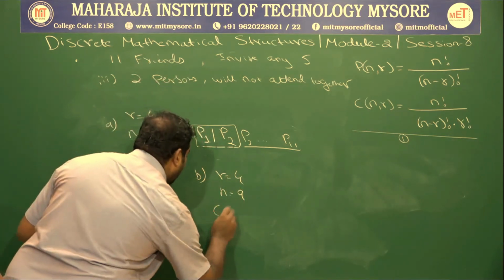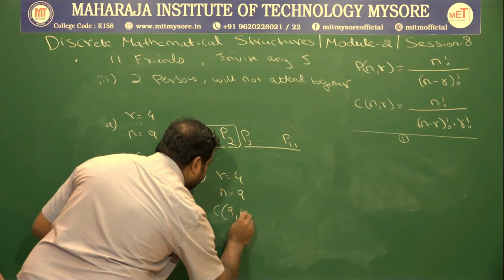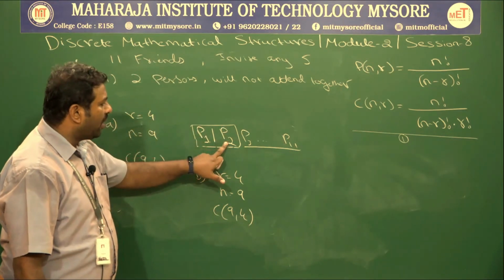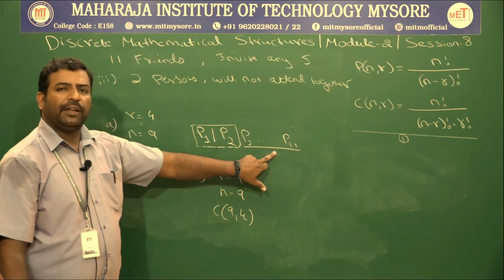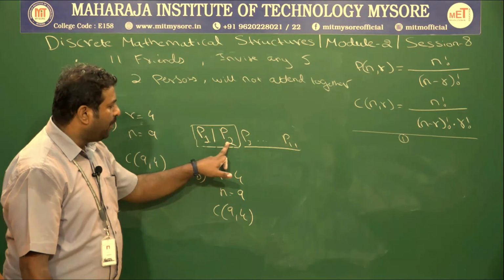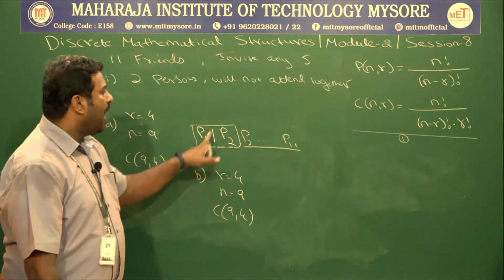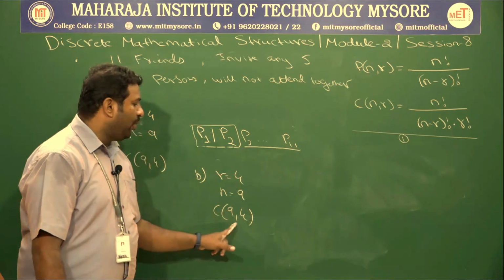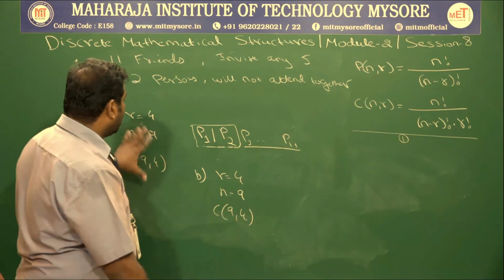If P1 attends, P2 will not attend, and I need to pick the remaining 4 out of 9. If I am going to invite P2, P1 will not attend, and I need to pick 4 more out of the remaining 9. Hence I am going to have 9 comma 4. So now these are the two cases.